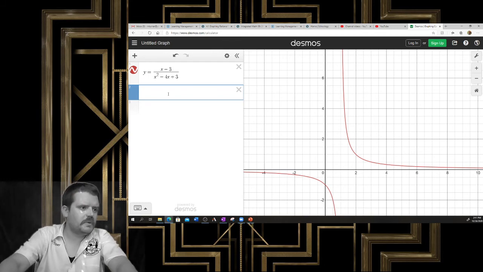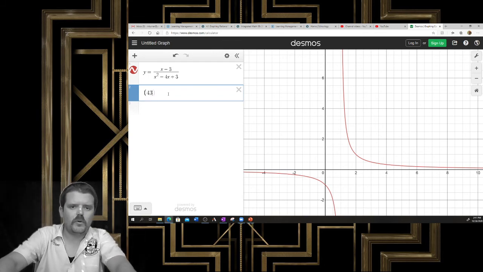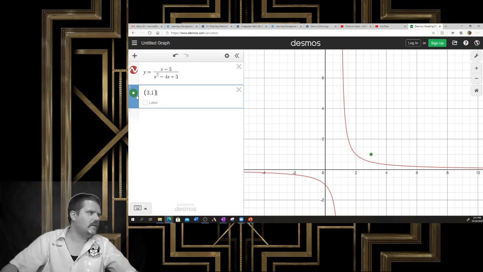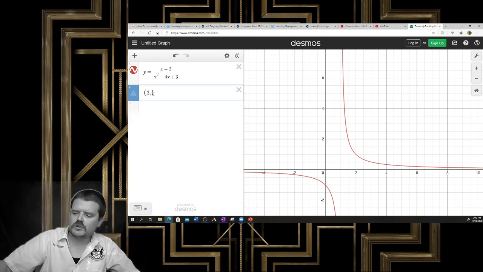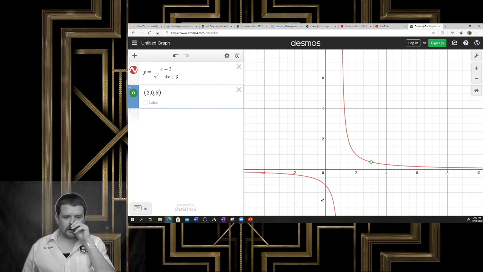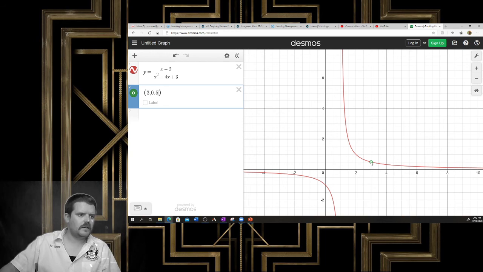So if you wanted to put holes in your graph, you would have to type in the point where it should be, which is 3, 0.5. You can change it here to make that hole appear. And so then when you mouse over it, it'll tell you on the graph, undefined at that point. Okay.